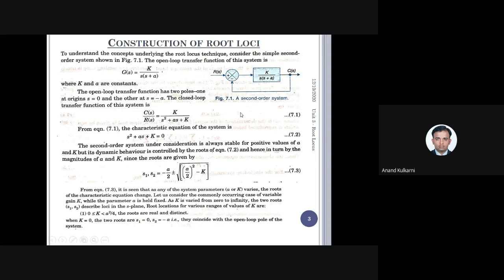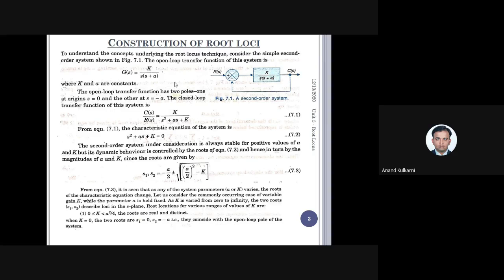A second order system open loop transfer function G of s with a unity feedback, that means H of s is 1, is shown here. That is K divided by s into s plus a. In the previous class you might have seen the pole and zero concept.